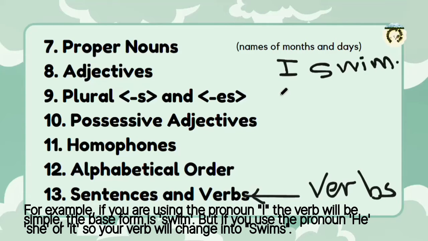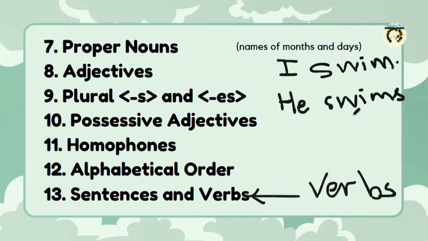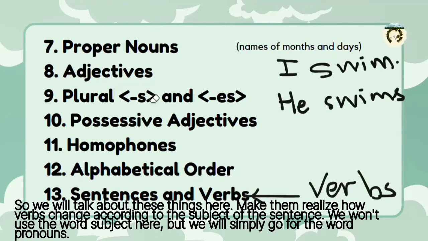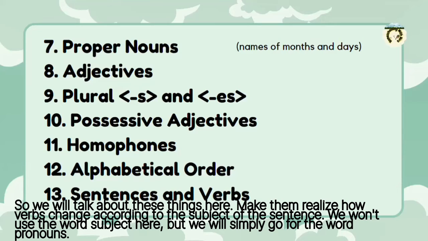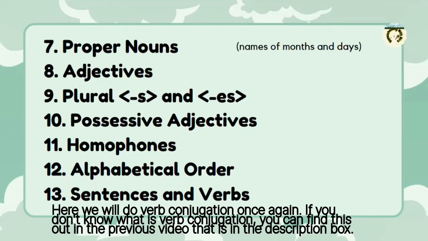But if you use the pronoun he, she, or it, your verb will change into sows. So we will talk about these things here, make kids realize how verbs change according to the subject of the sentence. We won't say the word subject here, but we will simply go for the word pronouns. Here we will do verb conjugation actually once again.